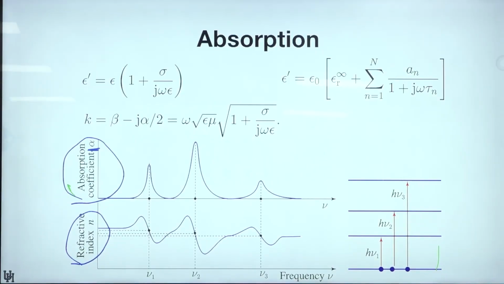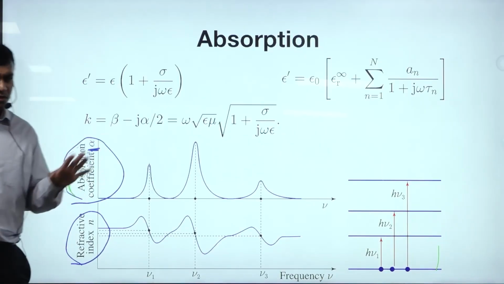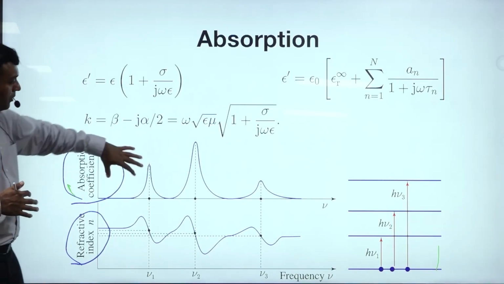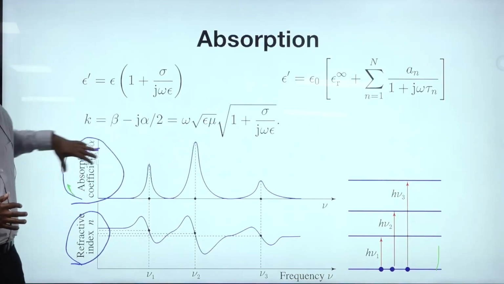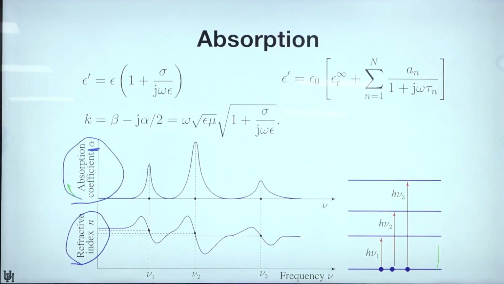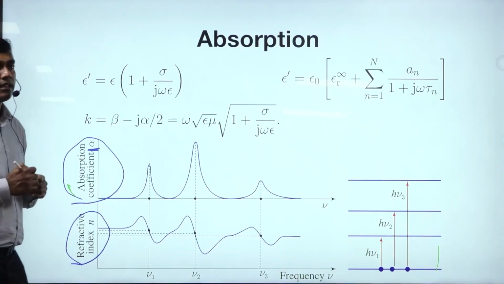In fact, they are linked by what are called the Kramers-Kronig relations. I won't go into that; it's a bit too complicated for today's lecture, but there is a very clear connection between the absorption coefficient, the absorption spectrum, and the refractive index of any given material. In fact, there's an equation which connects the two in a very direct way.